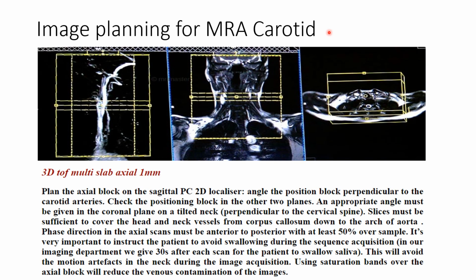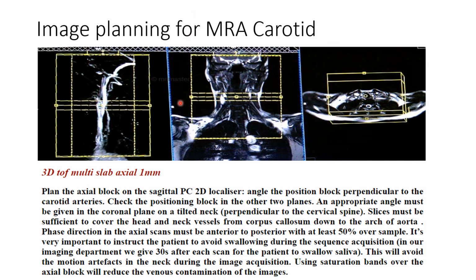After performing the sagittal phase contrast localizer, now we can plan a 3D TOF multi-slab axial 1 mm for the carotid artery scanning. Plan the axial block on the sagittal PC 2D localizer. Angle the position block perpendicular to the carotid arteries.